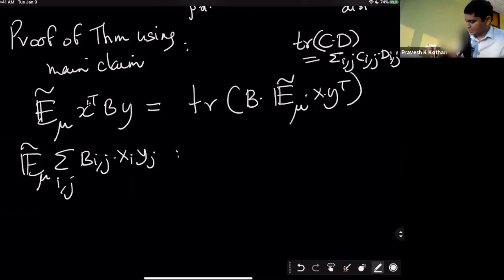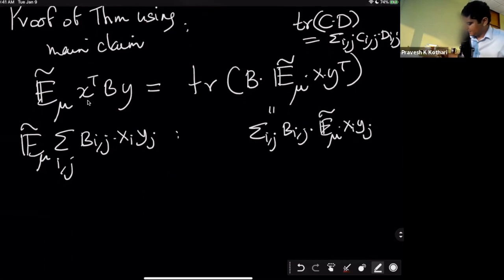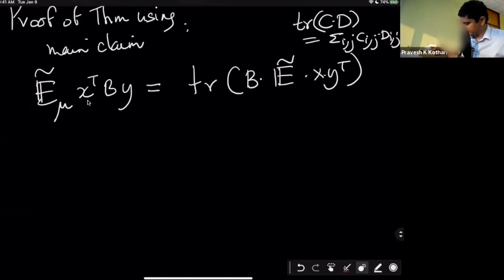And so this right hand side just equals the sum over ij of B_ij times E mu of X_i Y_j. So they are equal because they're literally the same expressions. In case this was a sticking point, hopefully we've cleared it away. So this equality holds.